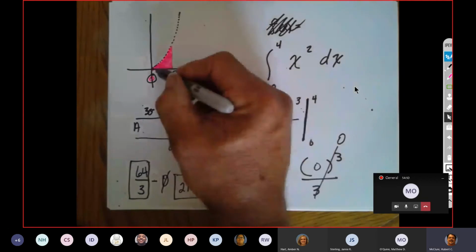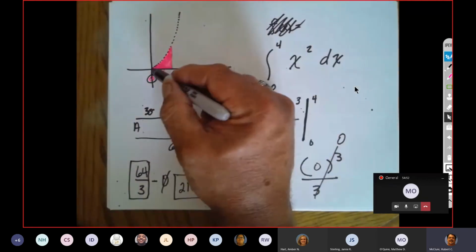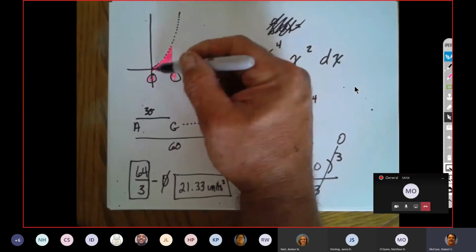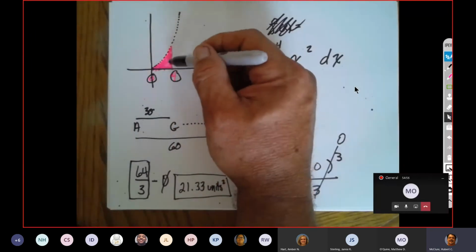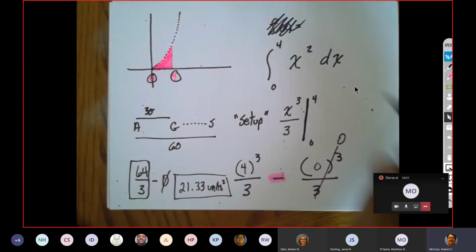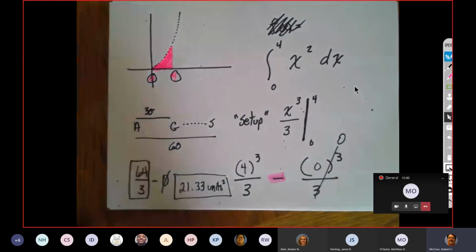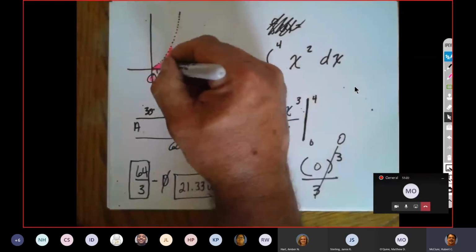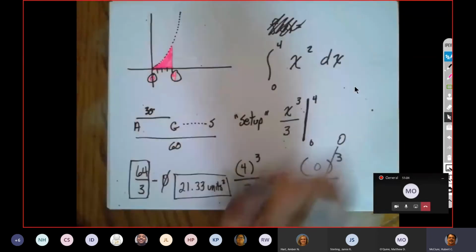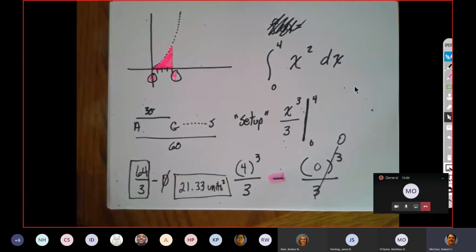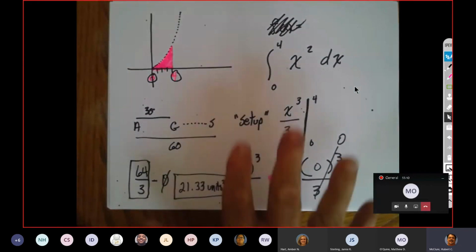So let's say millimeters, because that's about a millimeter. This would be 21.33 millimeters squared, if that was millimeters on the bottom. Okay, that is a definite integral.